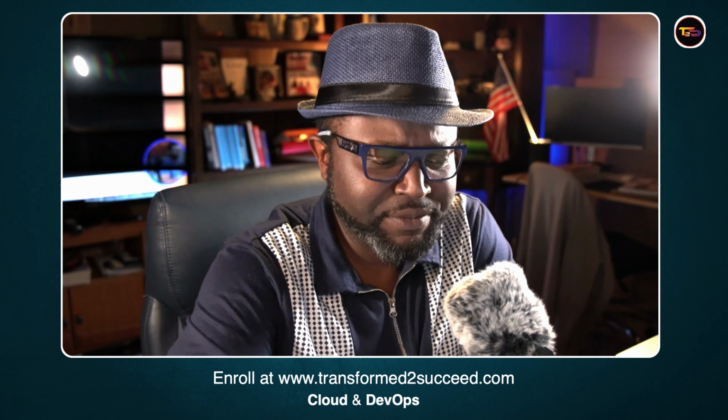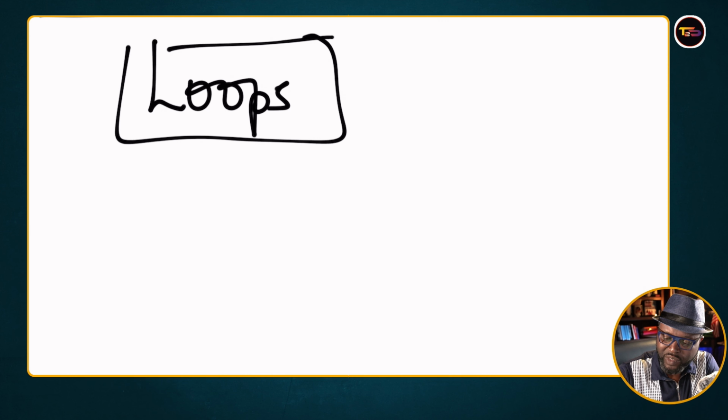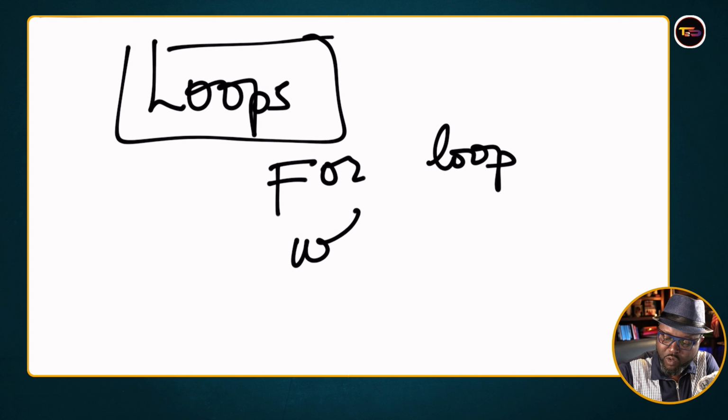In this video in the series, as we learn the basic skills around Python, we will be looking at what we call loops. In Python, or in a lot of scripting languages, every time you hear about loops, think of the for loop and the while loop.